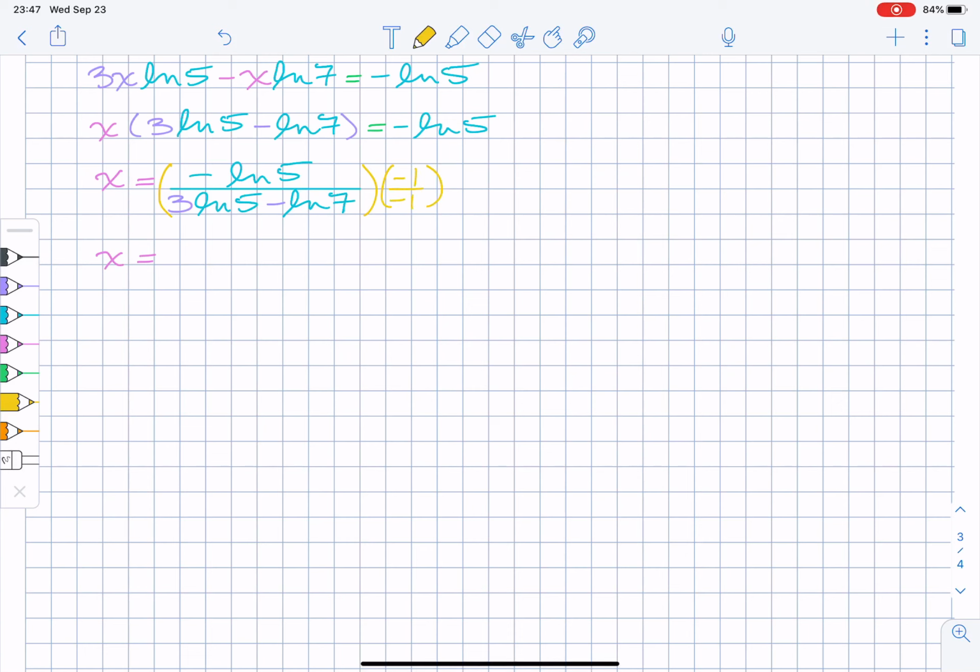Only because I don't like negatives in the numerator, so this will be positive natural log of 5 over. Now I can swap the order of the two terms in the denominator. So I'm going to write it as positive natural log of 7 and negative 3 times natural log of 5.